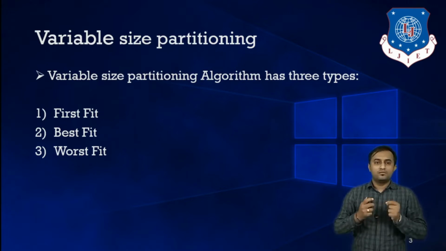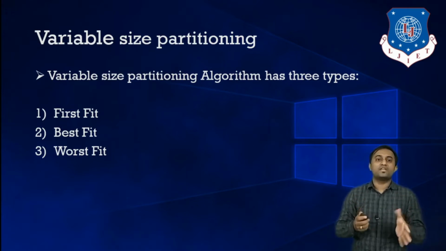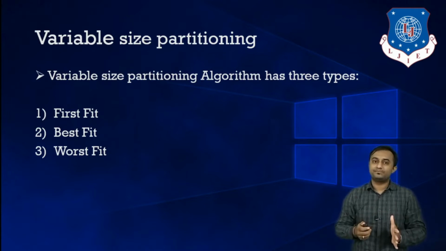We will discuss these three algorithms in the case of fixed size partitioning scheme as well, but that we will see in a later session. In this session, we are going to discuss these three algorithms with respect to variable size partitioning scheme only. So let us discuss these algorithms with the help of one example.